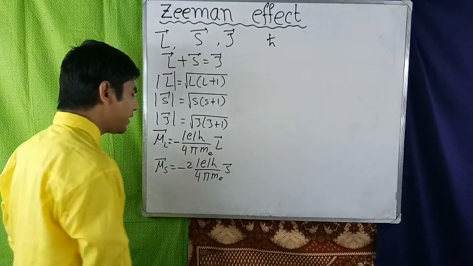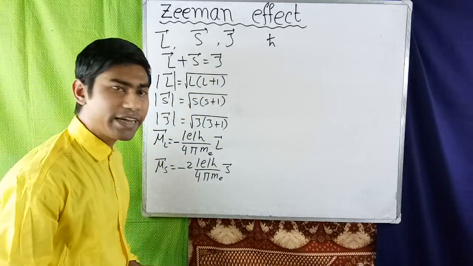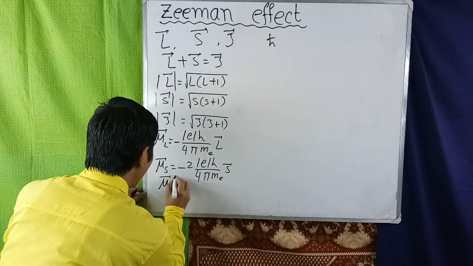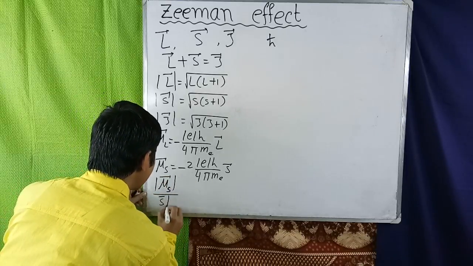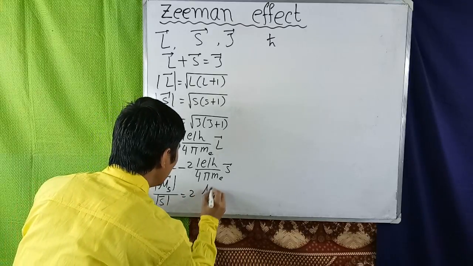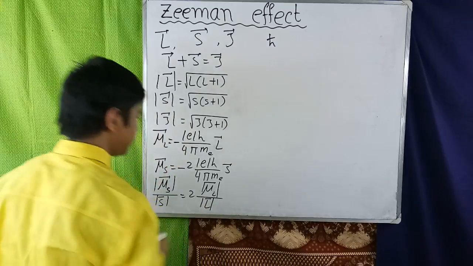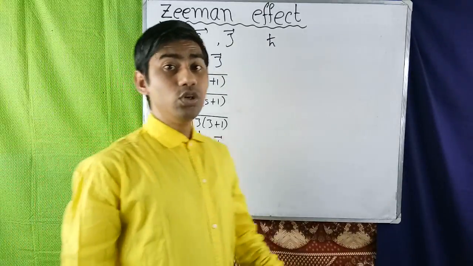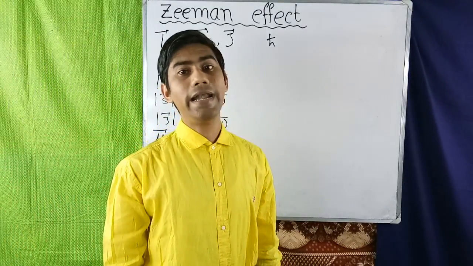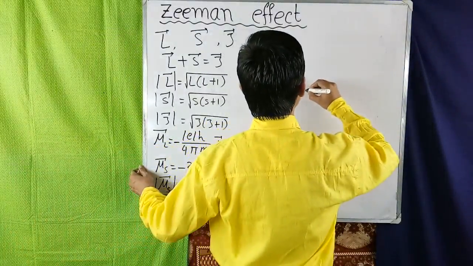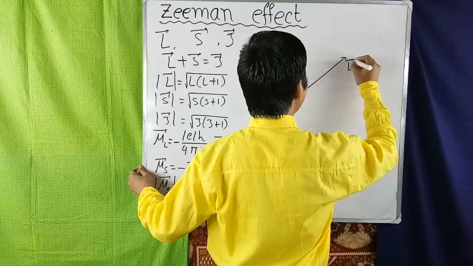Okay. Now dividing these two equations, we get modulus of mu s by modulus of S equals 2 into modulus of mu l by modulus of L. Okay. Now we draw mu l vector and mu s vector. Okay. Suppose this is L vector.